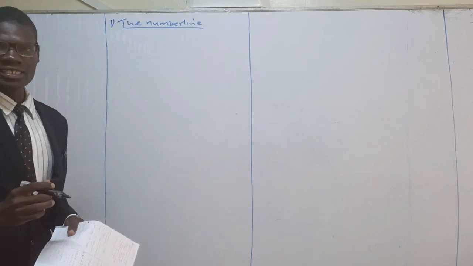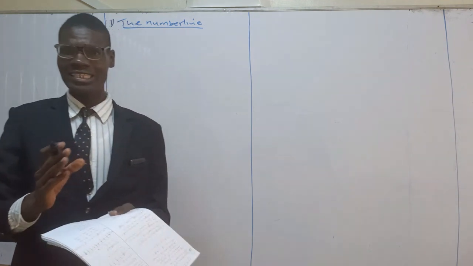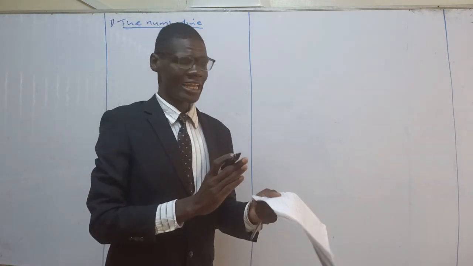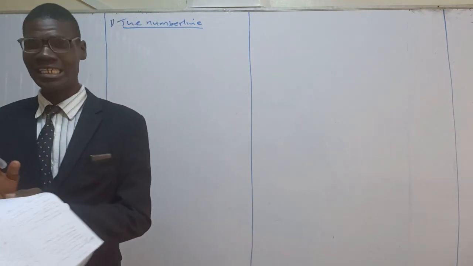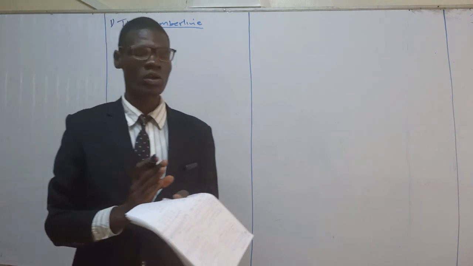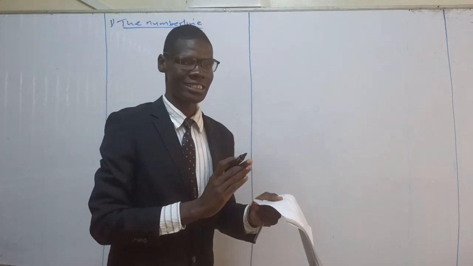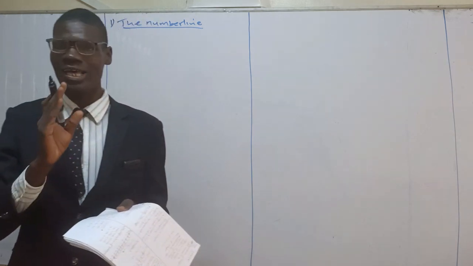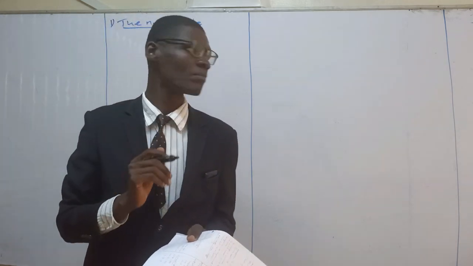A number line is simply a line that shows the direction where the positive integers are and the direction where the negative integers are, referring to zero as a reference number.